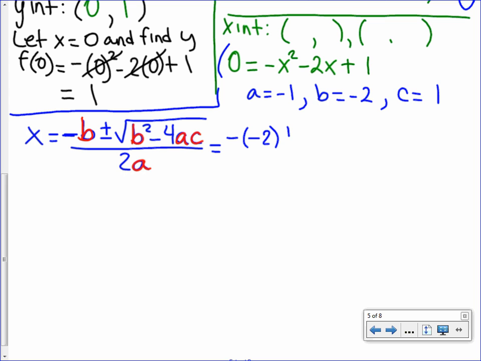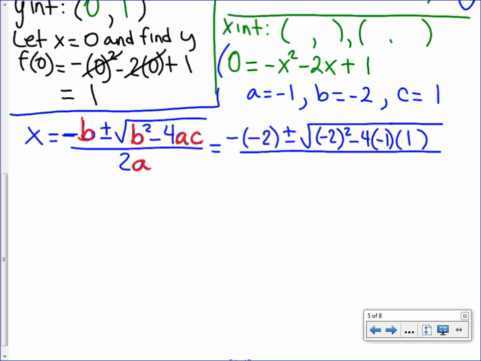And then we have plus minus square root of B squared, so that's -2 inside parentheses, please. Some of you are still not using parentheses. Then we have -4. A is substituted with -1, and then C is substituted with +1. Everything divided by 2 times A, and A is equal to -1.